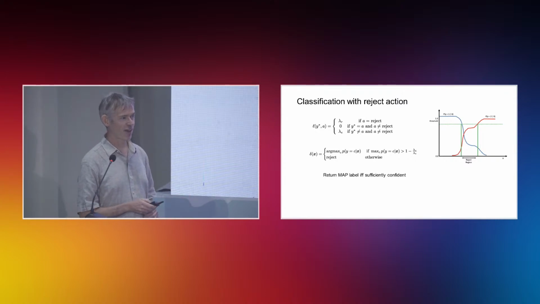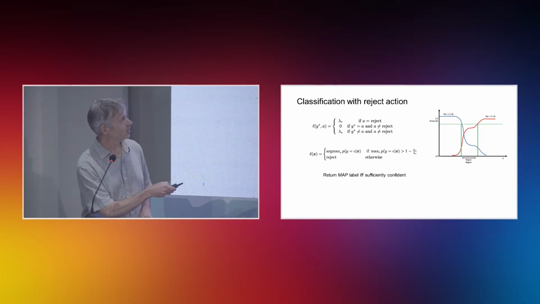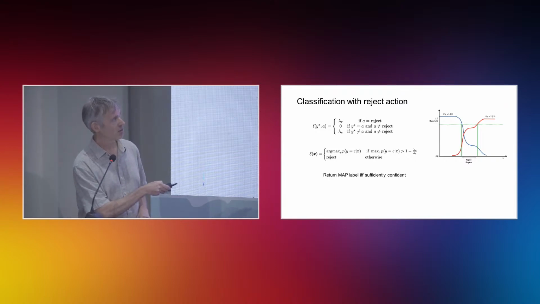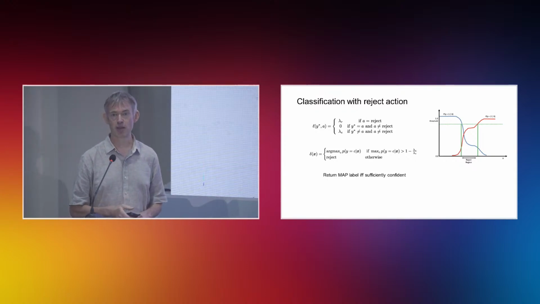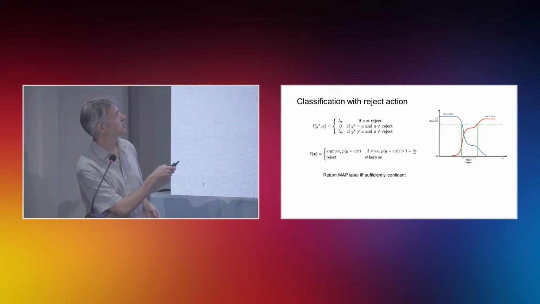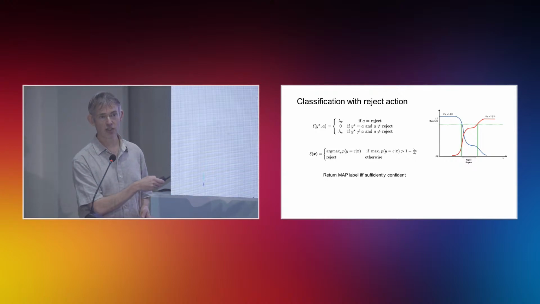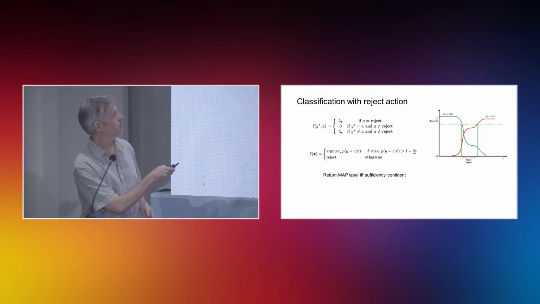This is called the reject action for historical reasons. So you can see in this picture here in the middle, if the probability assigned to either of the classes is sufficiently low, then you're better off refusing to make a prediction that's wrong. And how do you decide when you should say, I don't know? Well, it depends on the costs of the relative actions, of the errors that you might make, right?